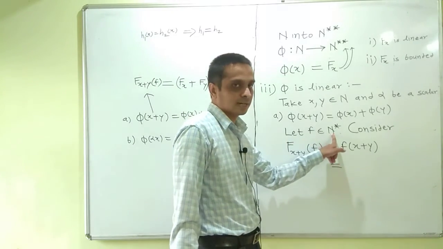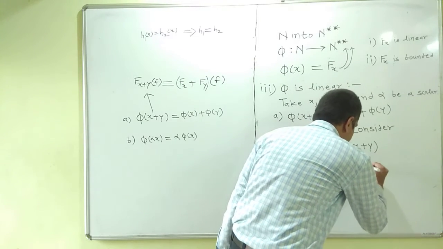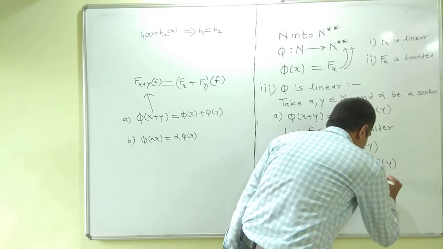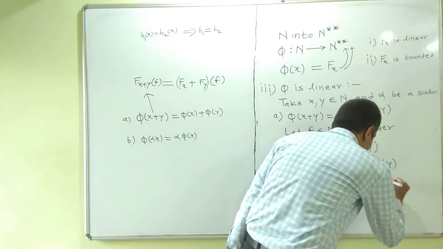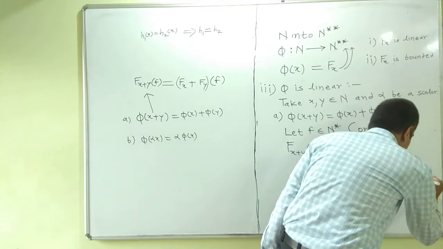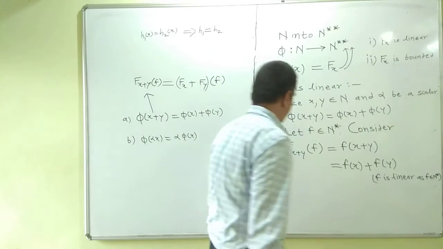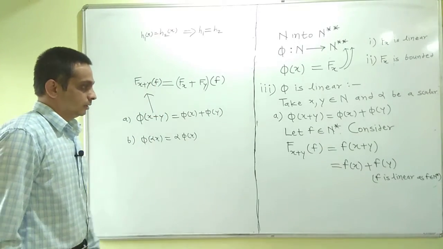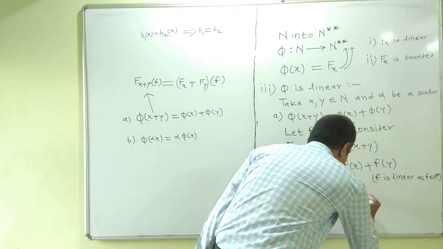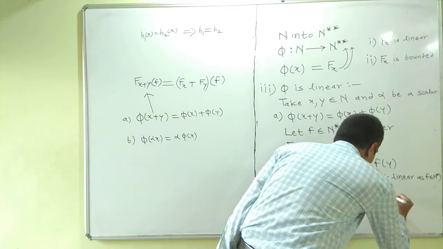Because it is in N star. So fx plus fy, again that I could write as Fx of f plus Fy of f.